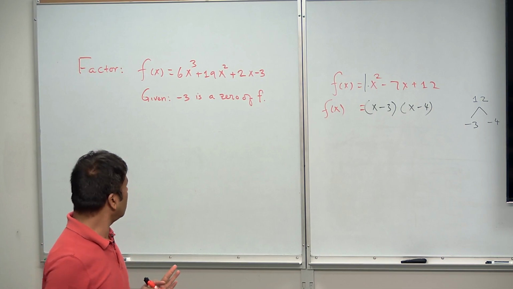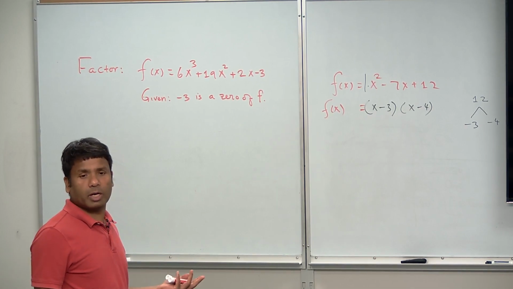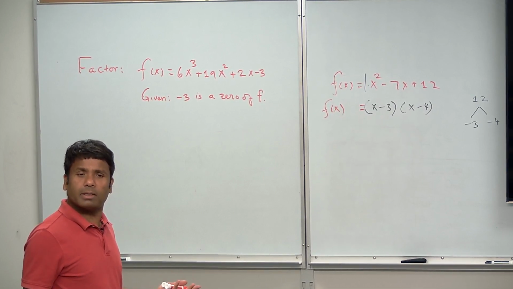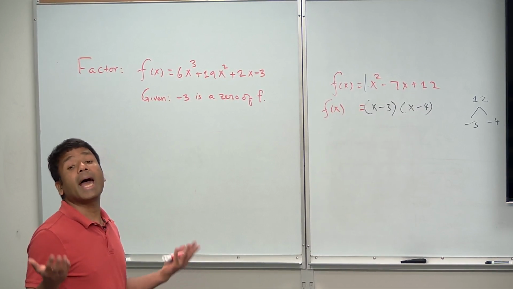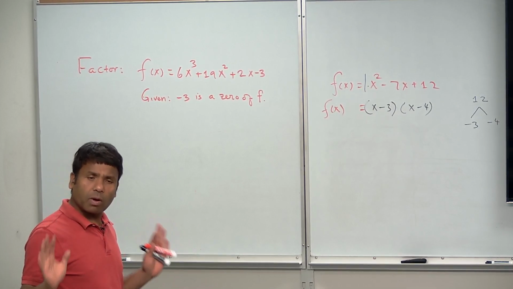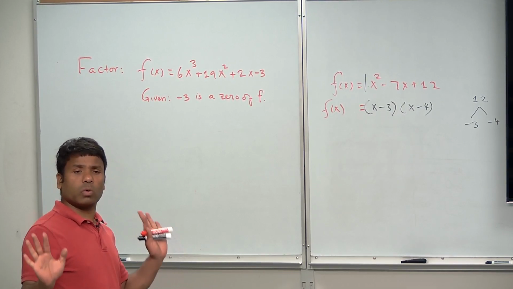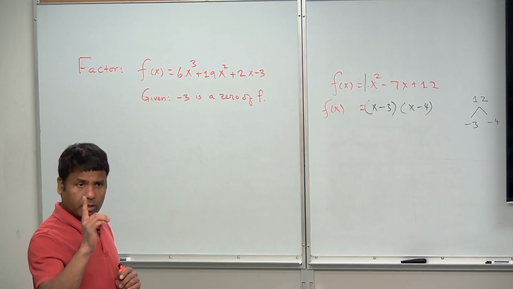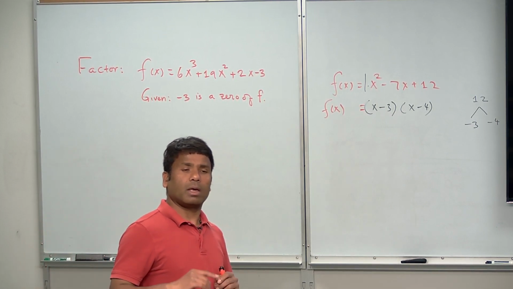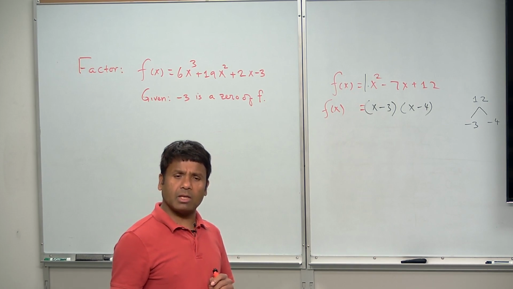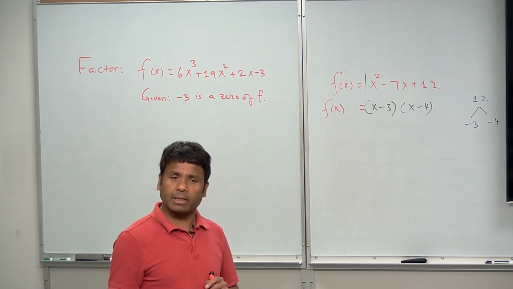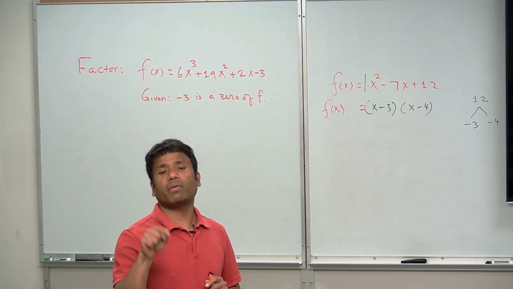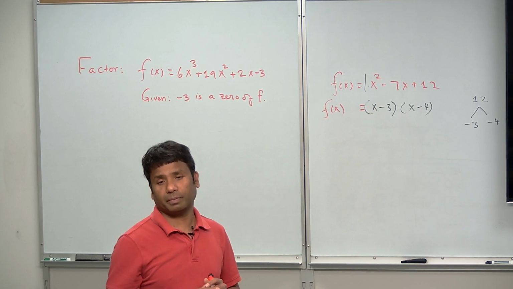So that means one of the factors is going to be what? If negative 3 is a 0 of f(x), what will be the factor? x plus 3. That is according to the factor theorem. Remember the factor theorem: x minus k is a factor of f(x) if and only if f(k) equals 0.